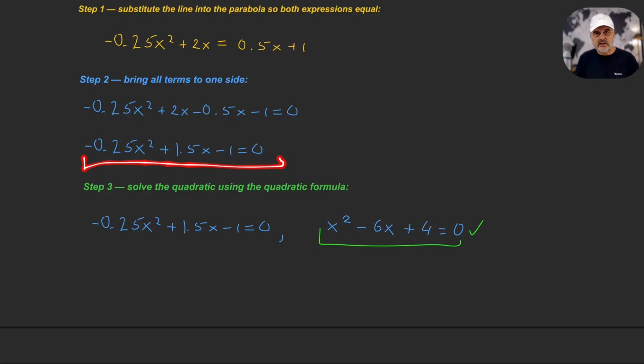Now, this quadratic equation has decimals. You can work with decimals, that's fine, but I suggest that you always make it easier for yourself. Instead of working with decimal coefficients, which are messy when it comes to solving by using the quadratic formula, why don't you make it into whole numbers?